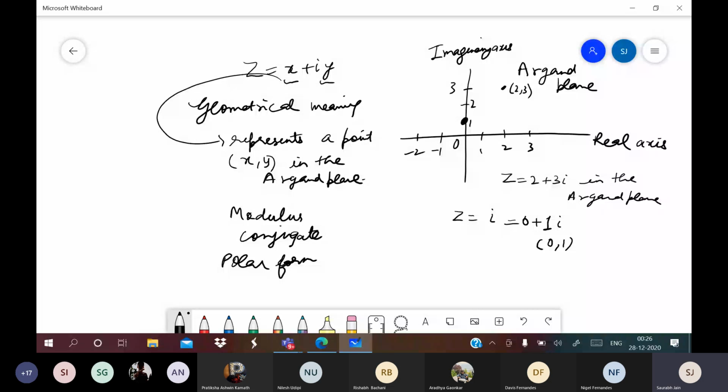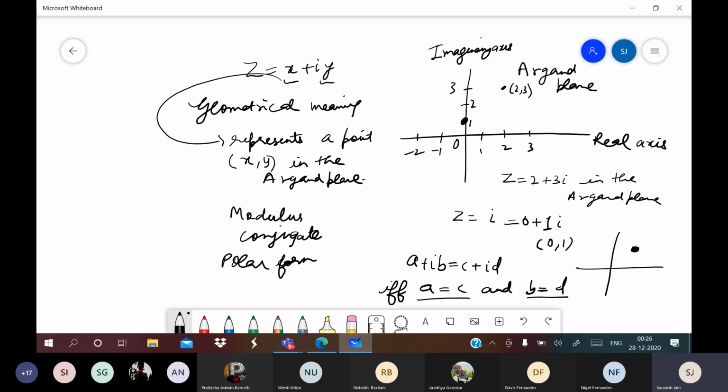Then if you remember, we studied about equality of complex numbers like a plus iota b is equal to c plus iota d. The two complex numbers can be equal only when their real and imaginary parts are same, okay. Why is it so? How can we explain this geometrically? Two complex numbers same means both are present on the same point.